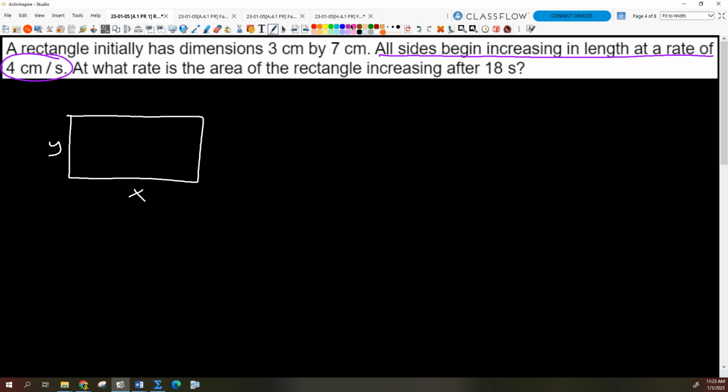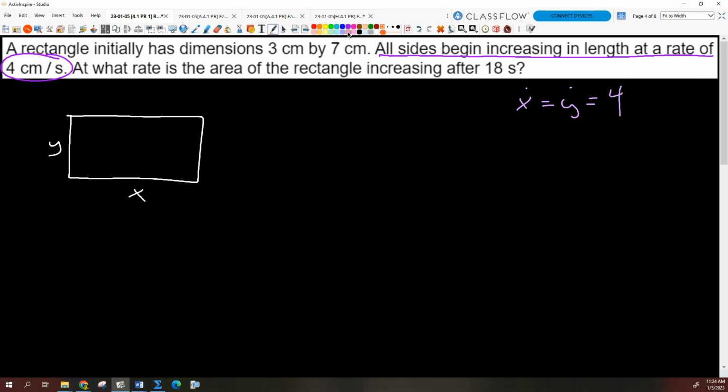How do we represent our sides? Those X and Y, right? So then what are they telling us here? Yeah, good. X dot and Y dot, they're the same, aren't they? All the sides are increasing at the same rate. So this part is telling us X dot and Y dot are both positive 4.